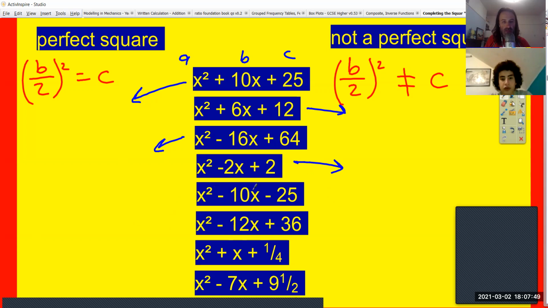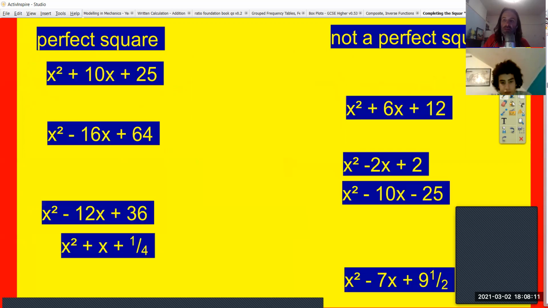Half of minus 10, squared would be 25, so it's not a perfect square. Next one is a perfect square. Yeah, that's fine.